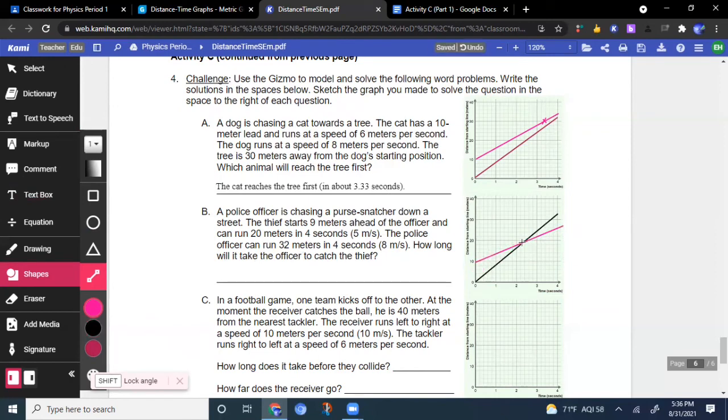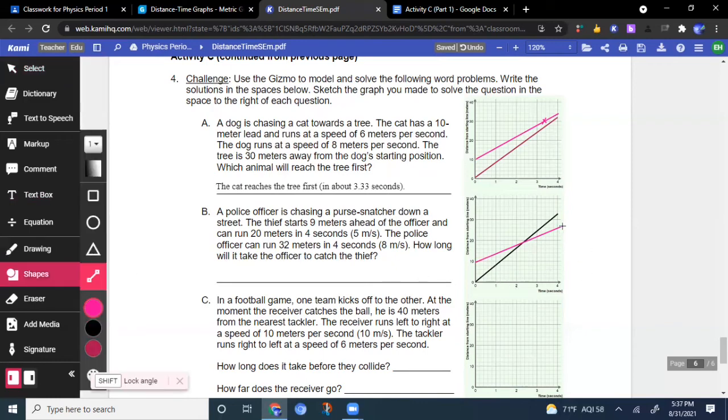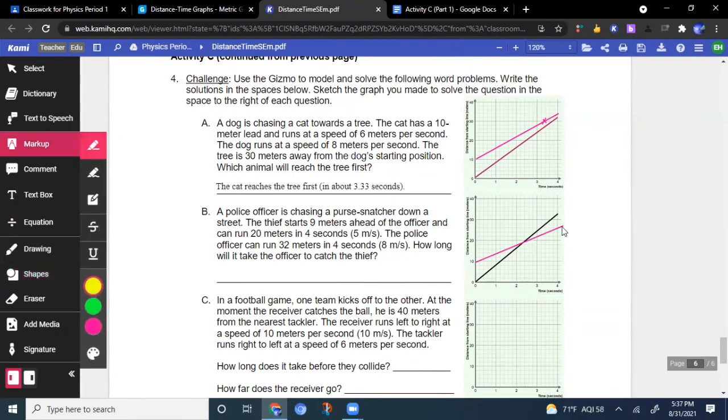And if we look at where the positions intersect, we can see that the police officer is going to catch the crook because this needs to be down.